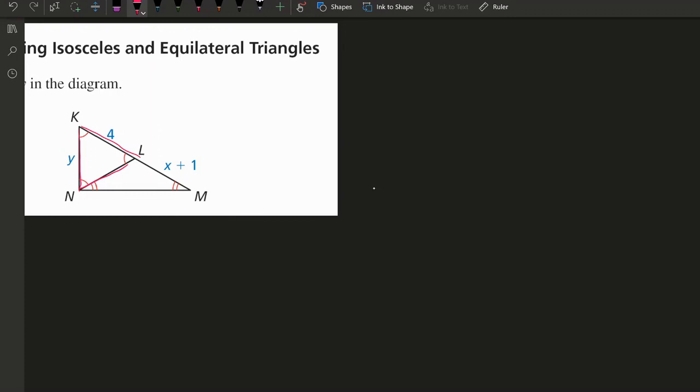So, I'm sorry, all three angles are the same. So by the base angles corollary, since all of the angles are the same, then all of the sides must be the same. So I can say y equals 4 because of the base angles converse.